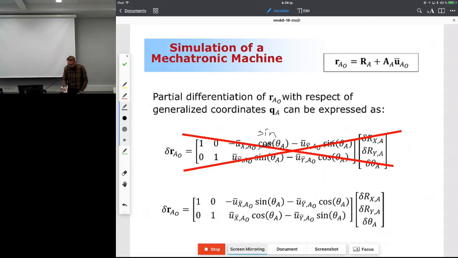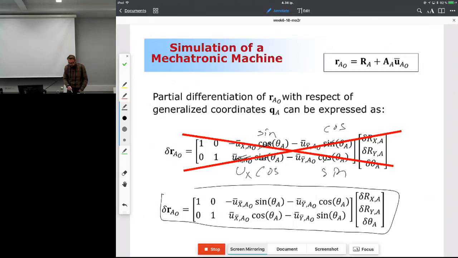This is supposed to be cosine. And then this is supposed to be ux, and this is supposed to be cosine, and this is supposed to be sine. So it was very incorrectly written. The correct version is the one shown below here. Again, I would like to apologize for the typing mistake, and I am going to fix that for next year's lectures.